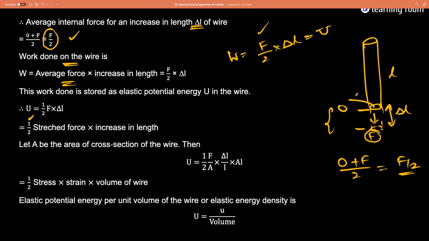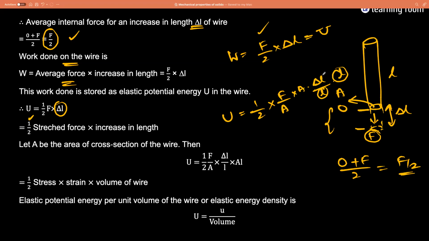So if I take the area of cross section to be A, then I balance the equation. U is equal to half into, I can write it by dividing with A and compensating with A. I also have delta L divided by L into L, because I have a delta L, I am dividing with L and compensating with L. So what are the two new parameters we introduced?